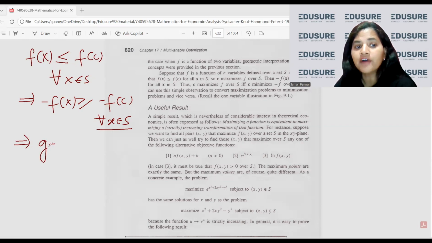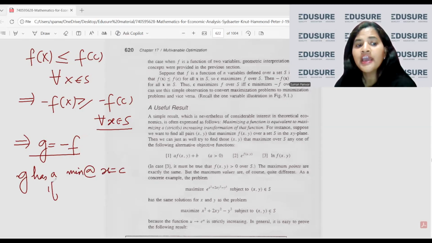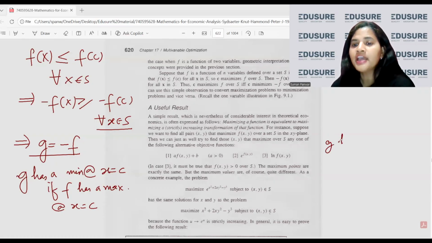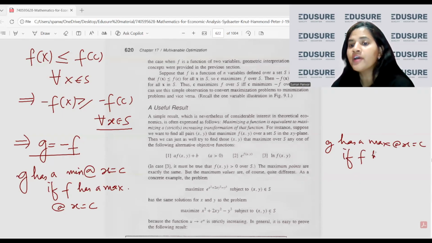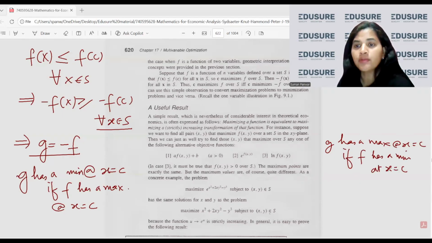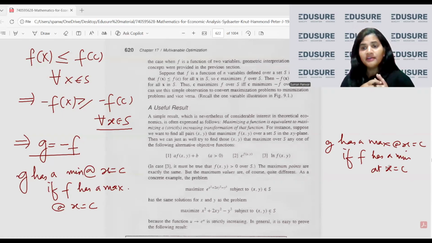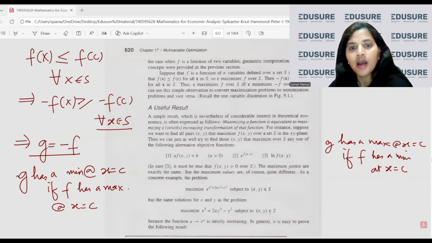This implies that if we define g equal to minus f, then g has a minimum at x equals c if f has a maximum at x equals c, and similarly g has a maximum at x equals c if f has a minimum at x equals c. So any maximization problem can be converted into a minimization problem, and any minimization problem can be converted into a maximization problem, by taking the negative of the function which is already given to us.